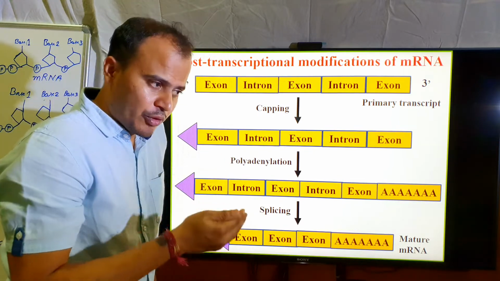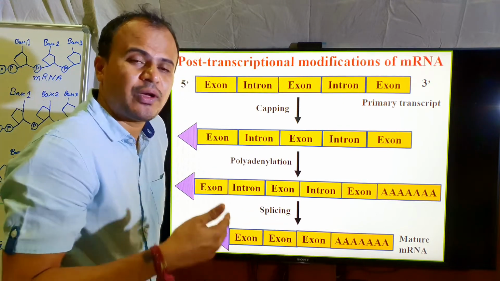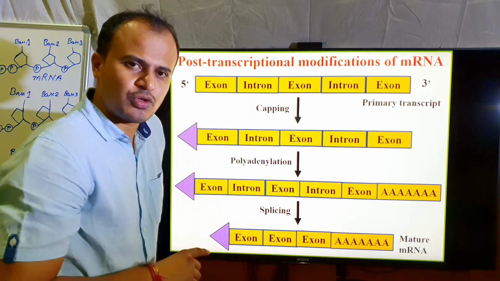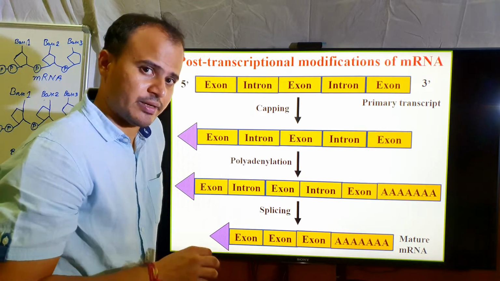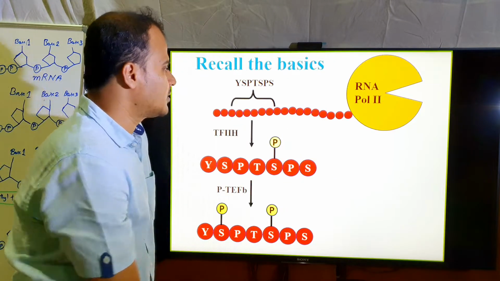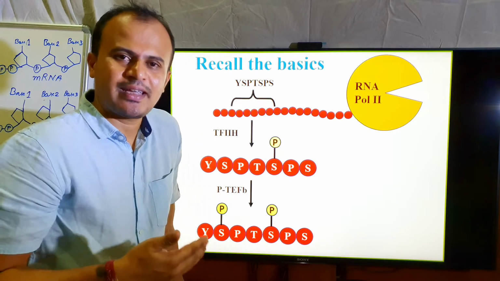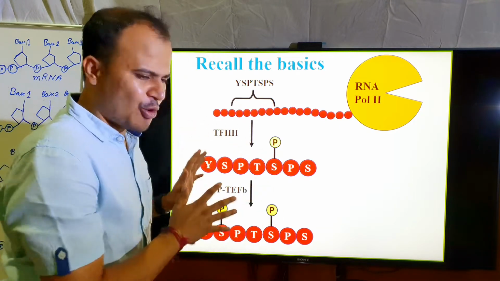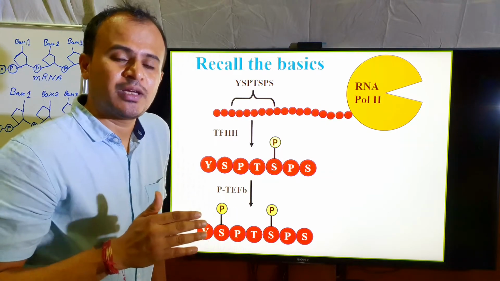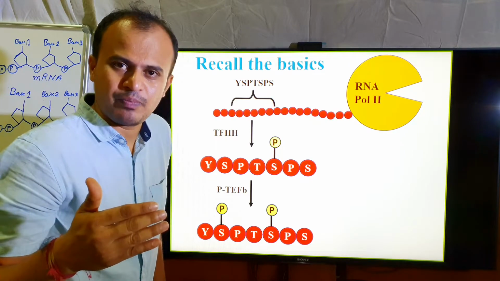Now I am going to take each and every process and explain how exactly these things take place. The first process that I am explaining here now is capping. Before I proceed with the capping, you should know some basics about eukaryotic transcription, which I have explained in my previous video.